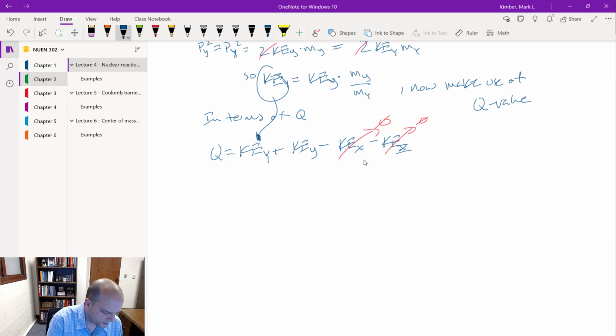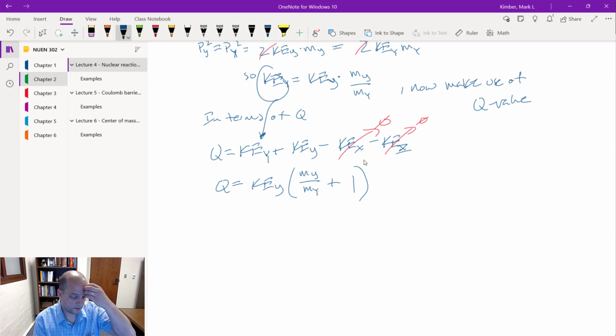So my Q value is going to equal, I'm going to substitute this in here, so I've got the kinetic energy of my small particle multiplied by that mass times the mass plus 1.